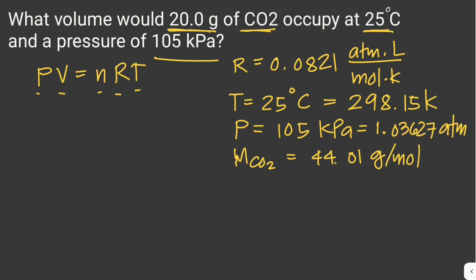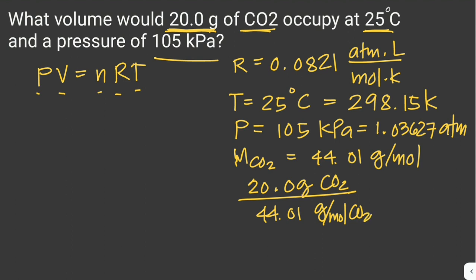We're given here the mass, so we divide the mass by the molar mass so we can get the number of moles. So that would be 20.0 grams CO2 over 44.01 grams per mole of CO2. Grams here cancel out, so we have 20 divided by 44.01, which is equal to 0.45 mole CO2.